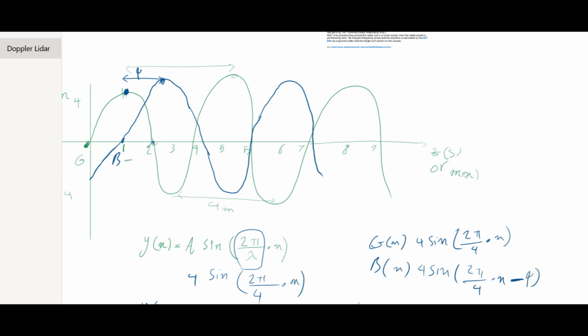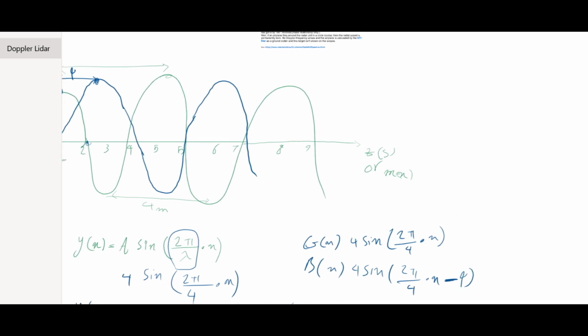Why minus phi? Because it is lagging behind. If it was forward, I would have written plus phi.